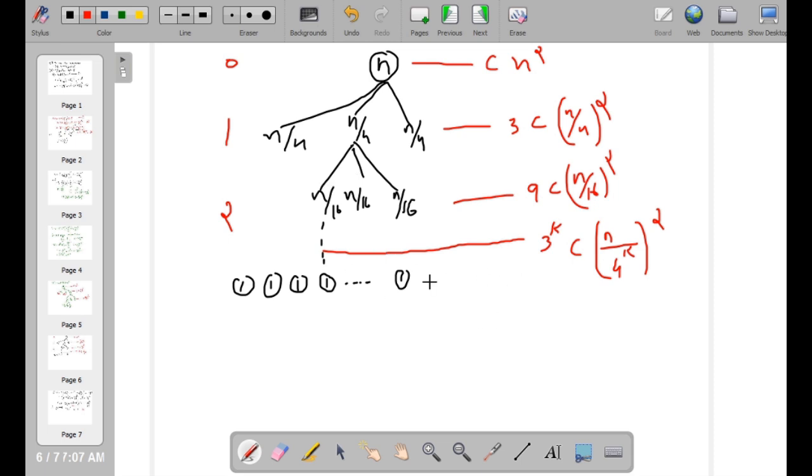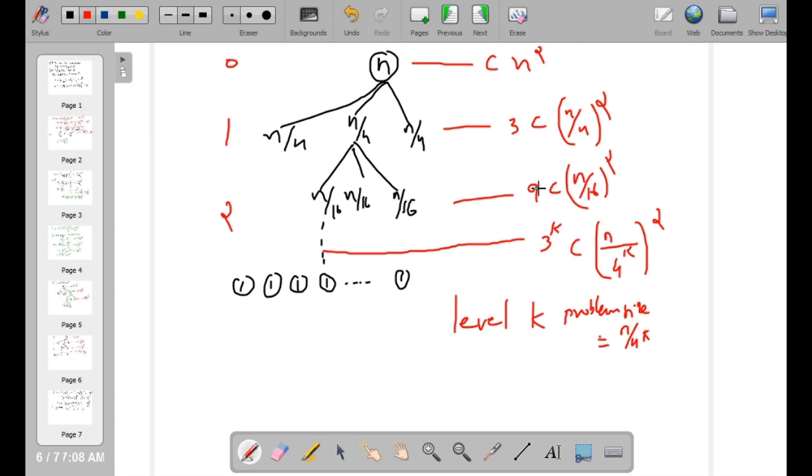So at level k, problem size is equal to n by 4 raised to k, and the number of problems at level k equal to, what is the number of problems at level 1? It is 3, isn't it? 3 problems, each of size n by 4. So I can write 3 raised to k. What is the number of problems in level 2?